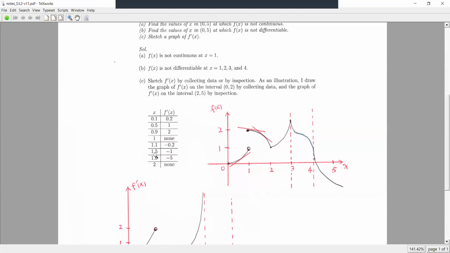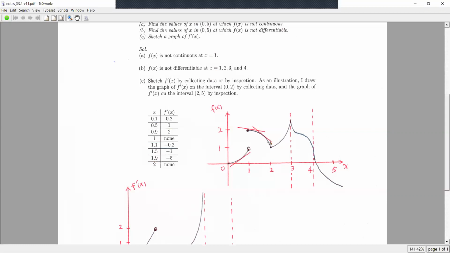At x is 1.5, about here. Then draw a tangent line. My guess about the slope of this tangent line is -1. So put -1 here. At x is 1.9, close to 2.